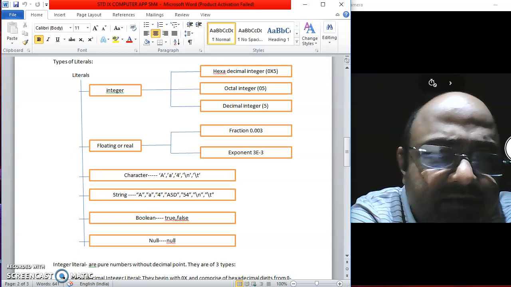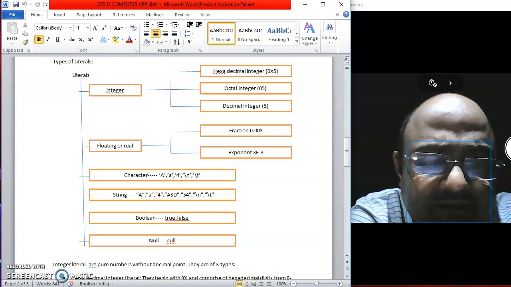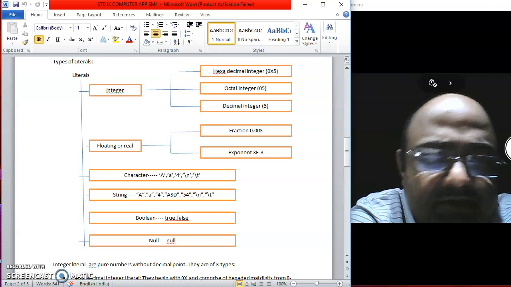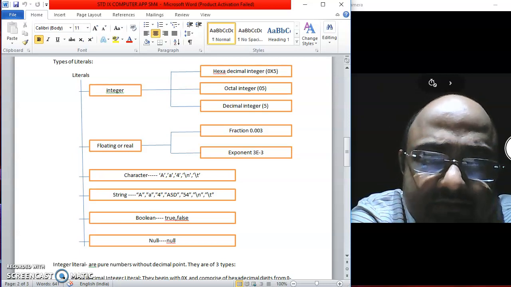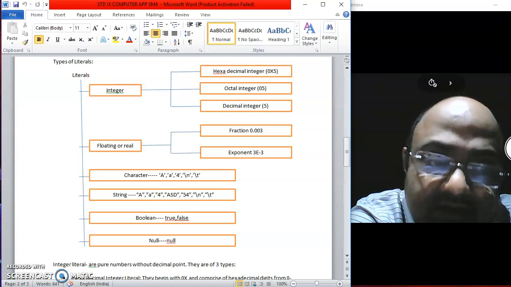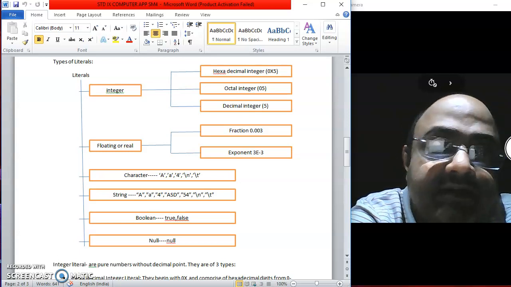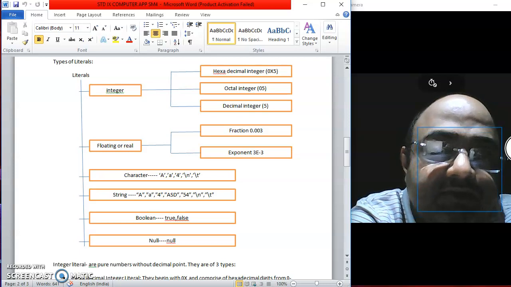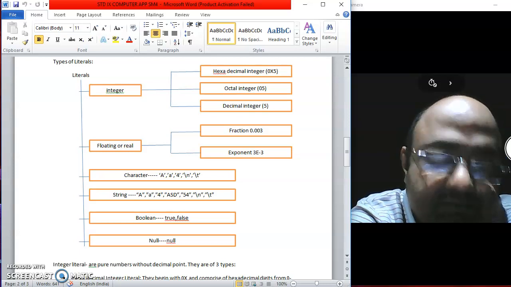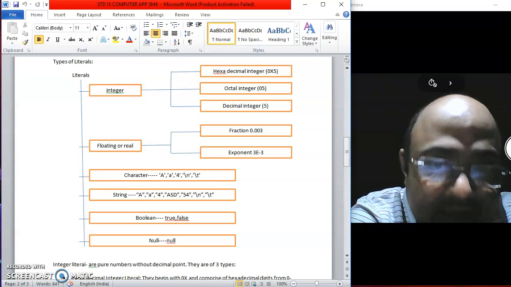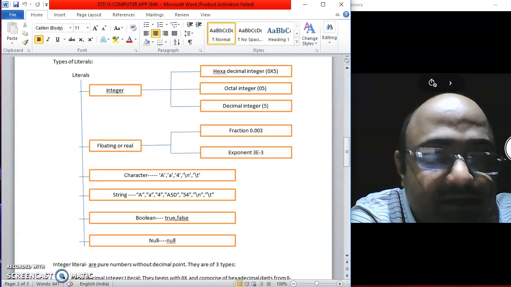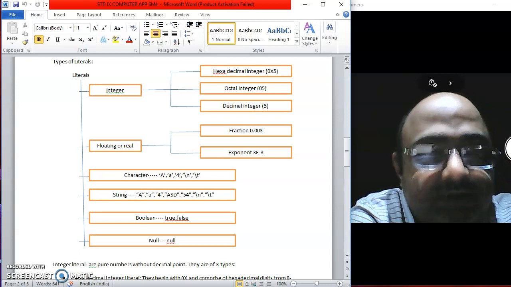Let us consider a number 5. This 5 is in decimal category also, in octal category also, and in hexadecimal category also. So if I type 5, how will the computer understand that it is decimal 5 or octal 5 or hexadecimal 5? So to make the computer understand it is hexadecimal 5, instead of writing only 5, we write 0x5.